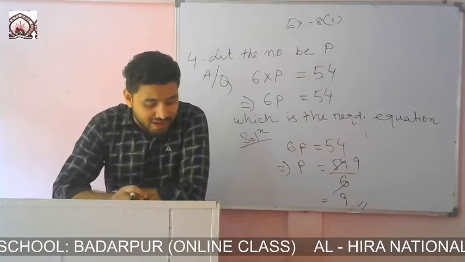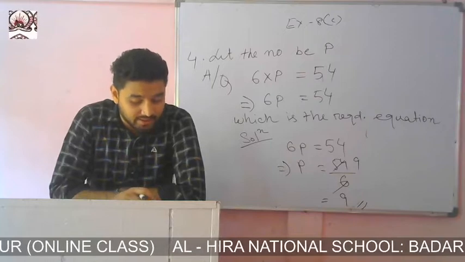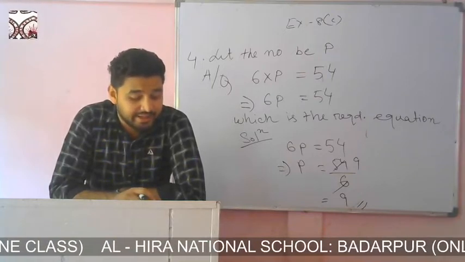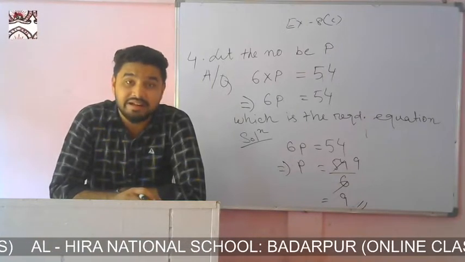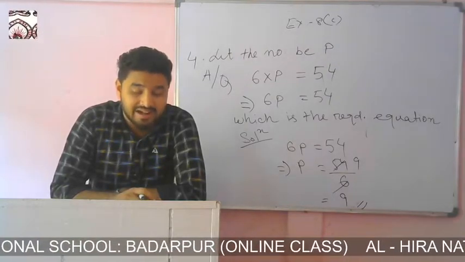The question number 5 is: if a number is divided by 3, the result is 18. If a number is divided by 3, then the result is 18.